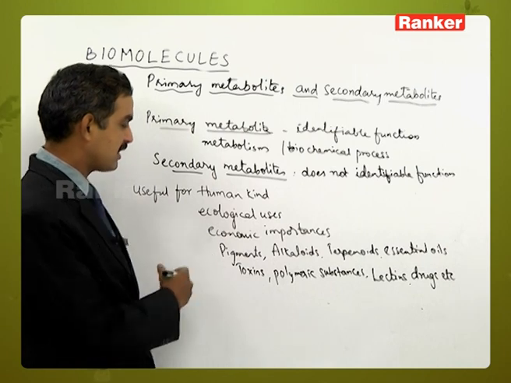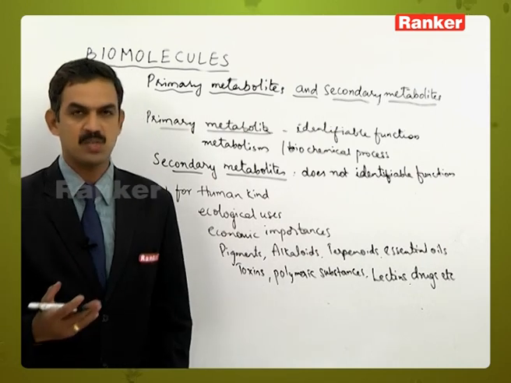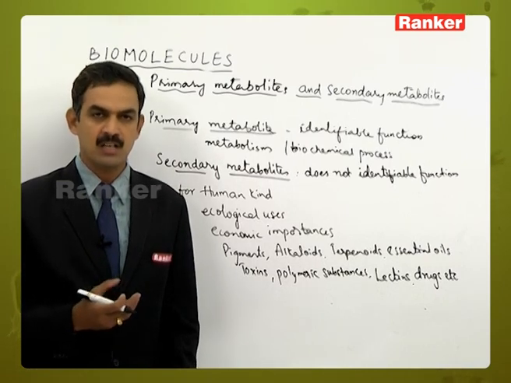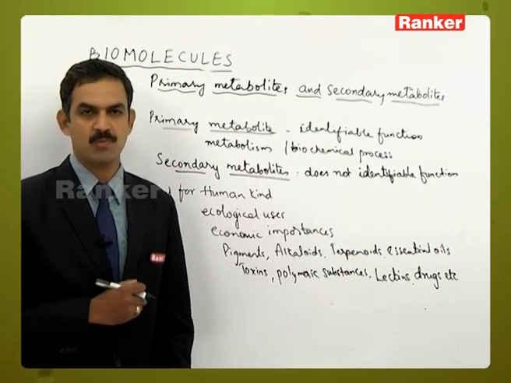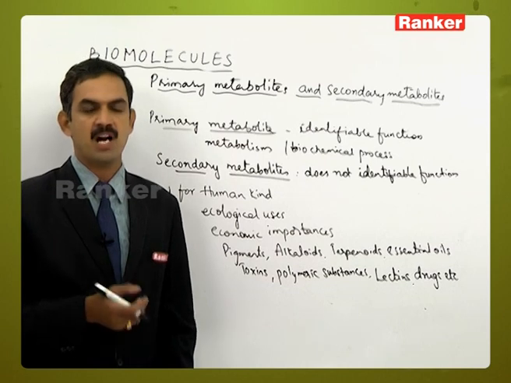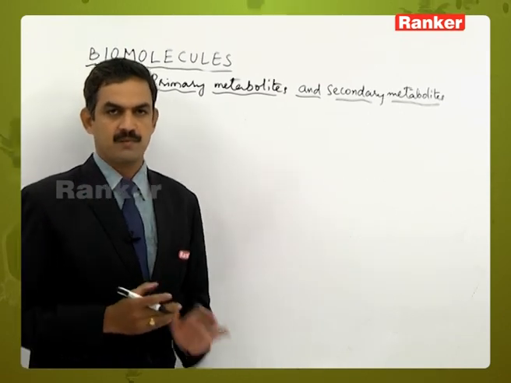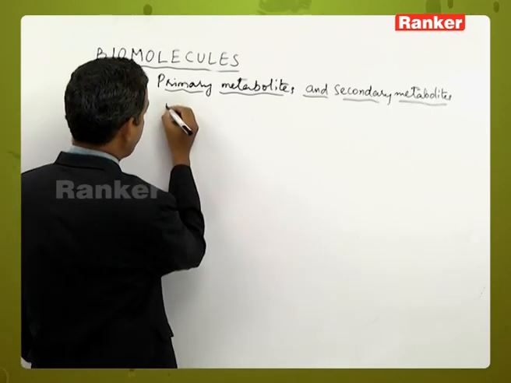Let us discuss some examples of various types of secondary metabolites, from which type of plants they have been produced, and what is the significance for humankind and also as a part of economic uses or ecological significance. Okay, first let's start with the first one, pigments.